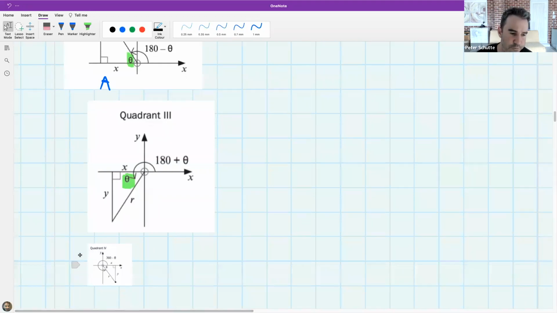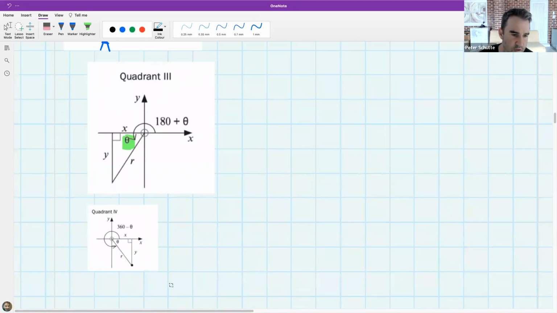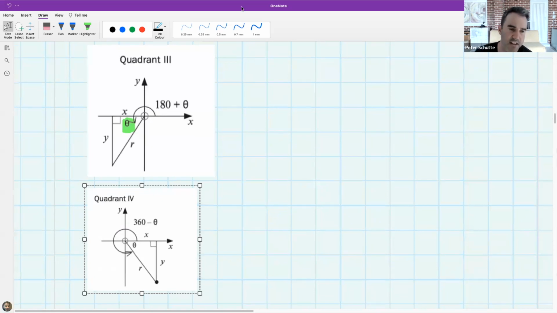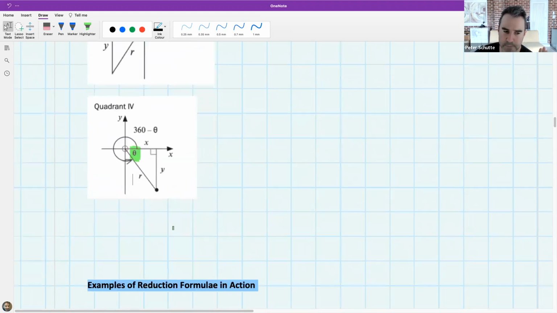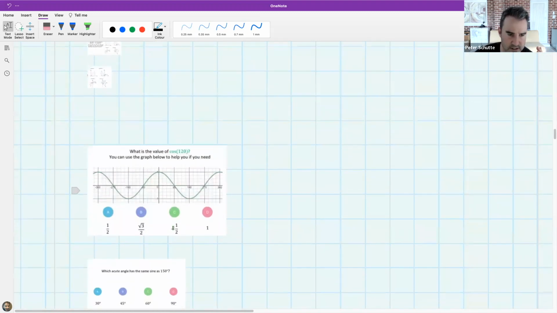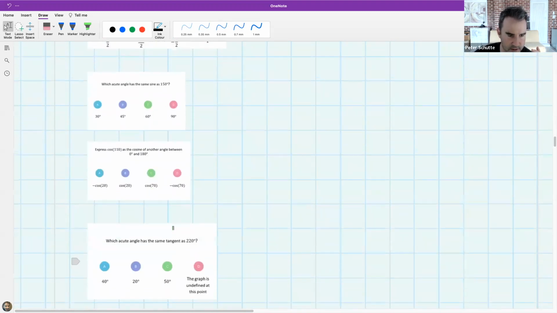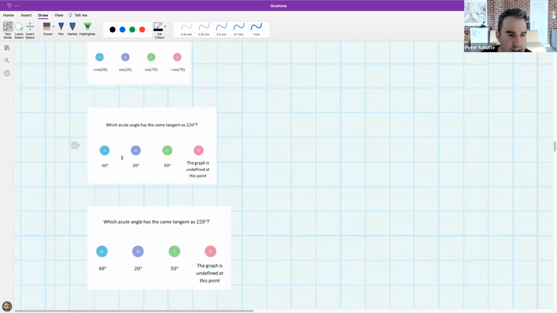And in quadrant 4, the triangle that we get is going to be 360, which is the whole way around, and then back a little bit, which gives me this theta over here. I'll come back to that in the next lesson, but I just wanted to give you some exposure to the X, Y, and R definition that we start to use in grade 11. So let's go and practice a different type of question.